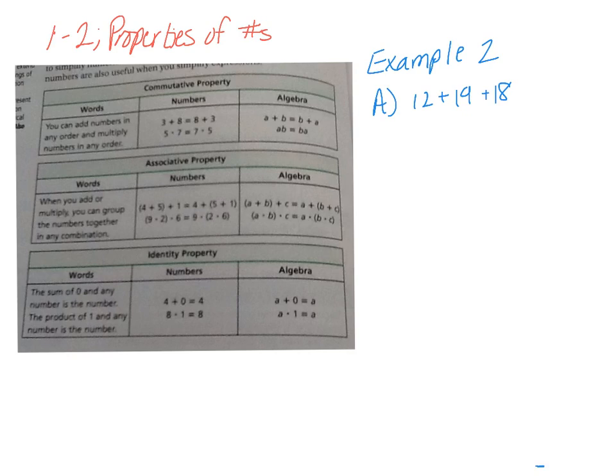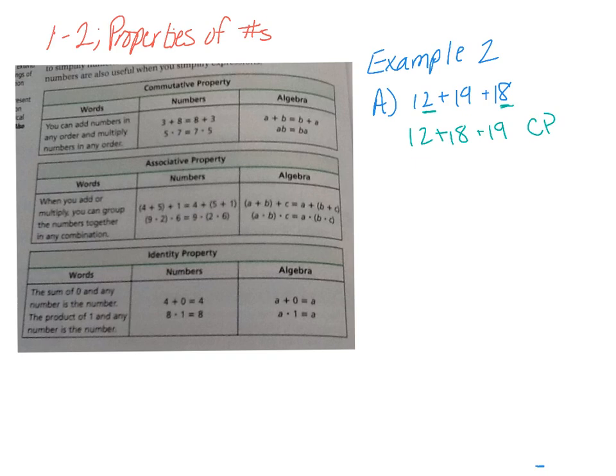Okay, so when you were in elementary, you probably learned to reorder numbers so they were easier to add. So for example, we have 2 more than 10 here, 2 less than 20 here. So we're going to put those together to make it easier to add. When we regroup those, that is called the commutative property.